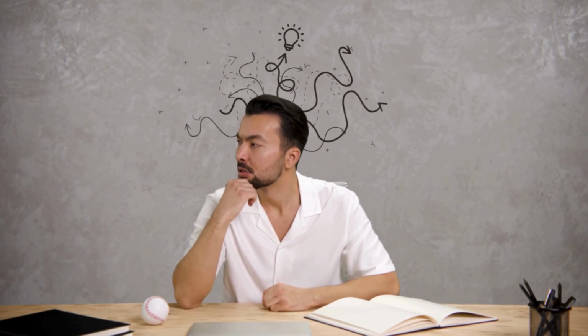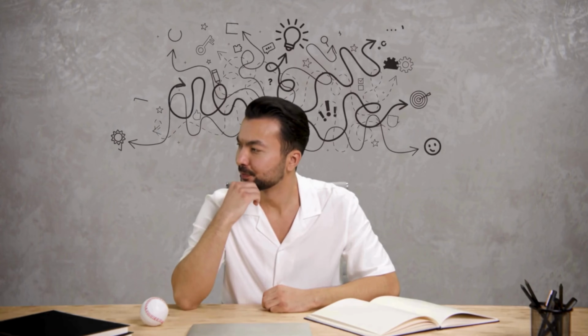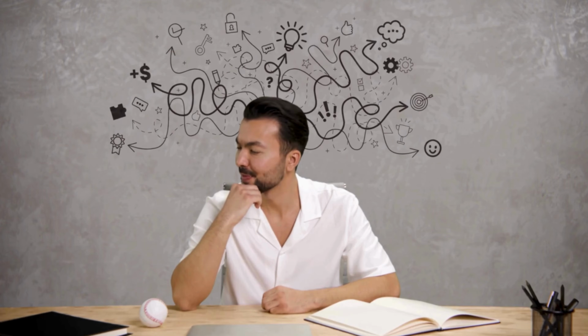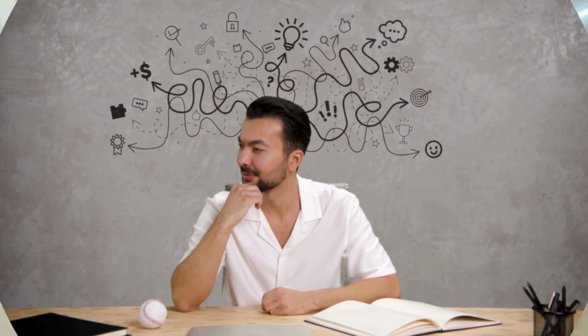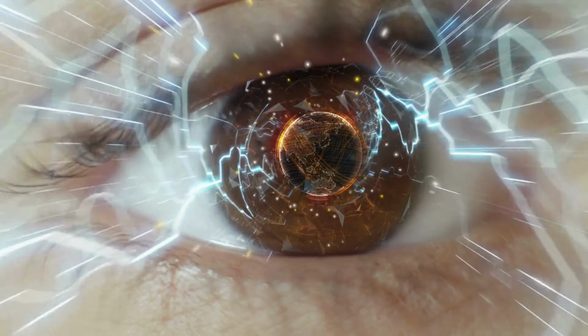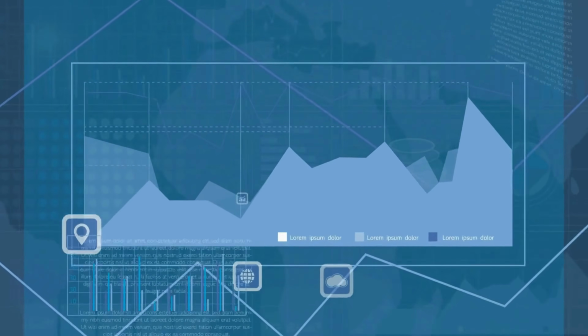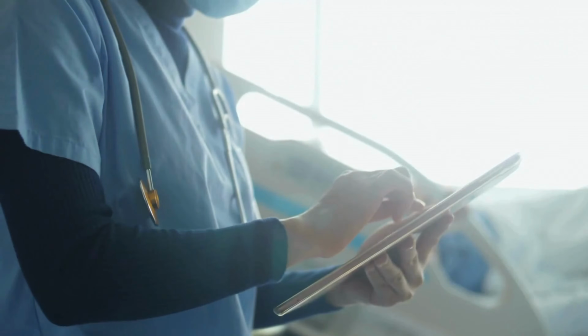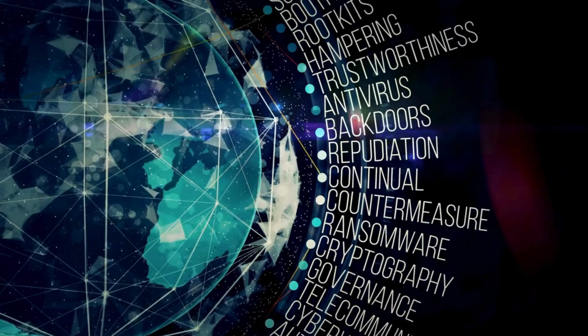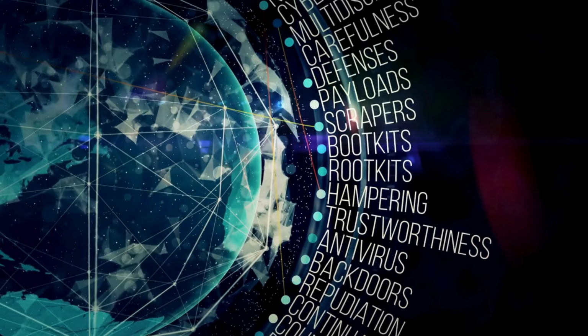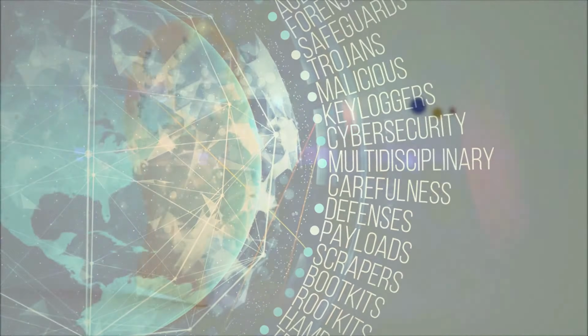Now, let's talk about how we can apply these concepts in our daily lives. Here are some practical tips for making better decisions under uncertainty. First, gather information. The more data you have, the better your decisions will be. Whether you're making a medical decision, a financial decision, or a personal decision, gather as much relevant information as possible.